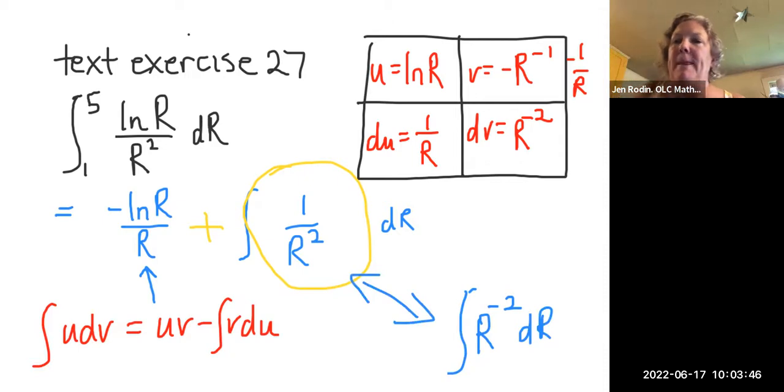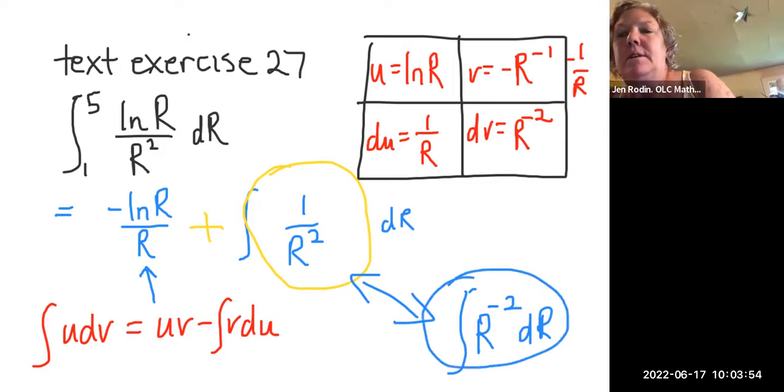However it's more palatable to you. To me, if I'm doing an integral, I like to look at it this way. And we already found the antiderivative of that up here.